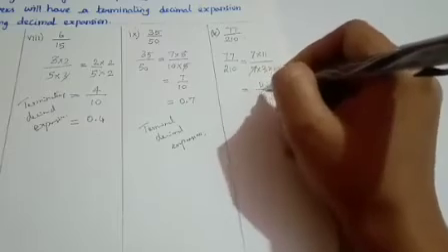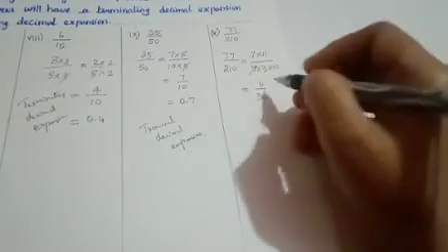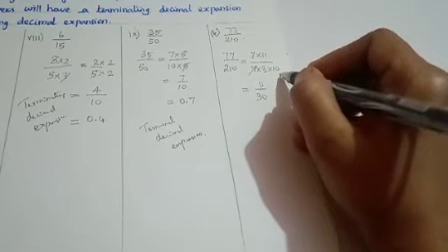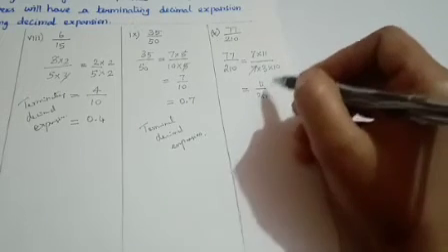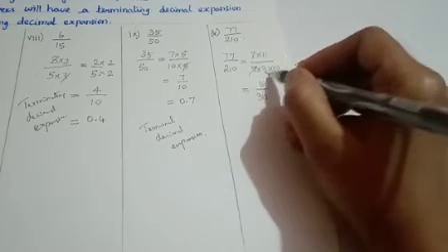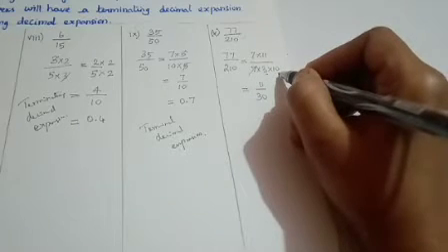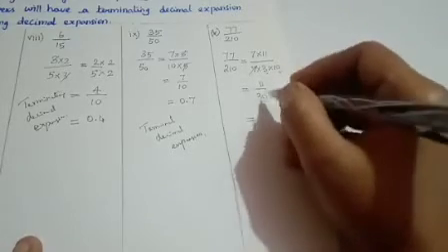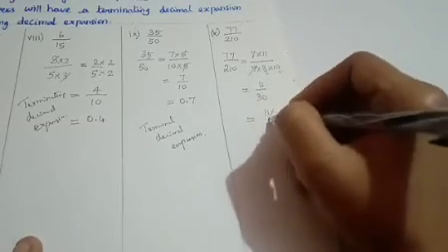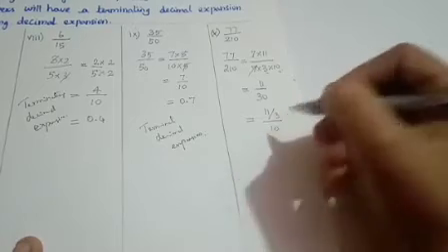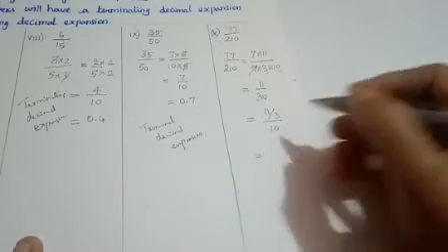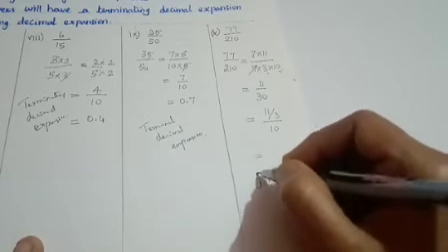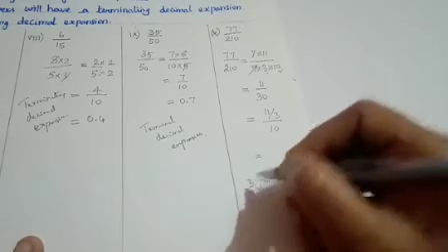So 11 by 30. Here the prime factorization of the denominator is 3 into 10. This is rewritten as 11 by 3 by 10. To find 11 by 3, you divide 11 by 3.